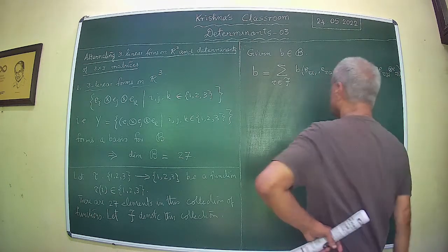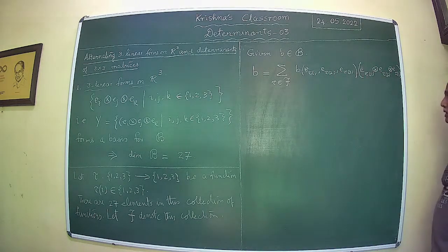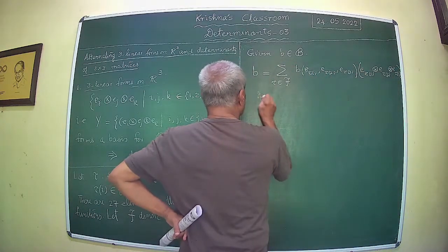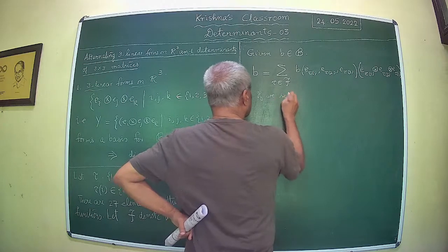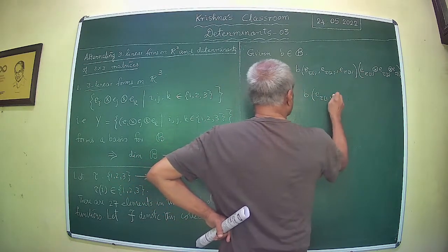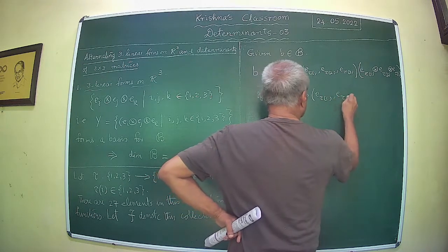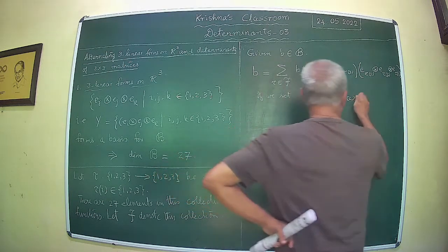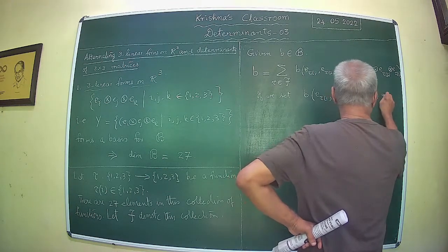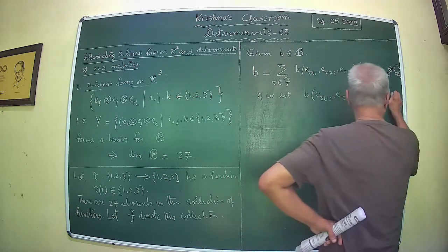This is the new notation that we have. Or simply we write it equal to B tau.